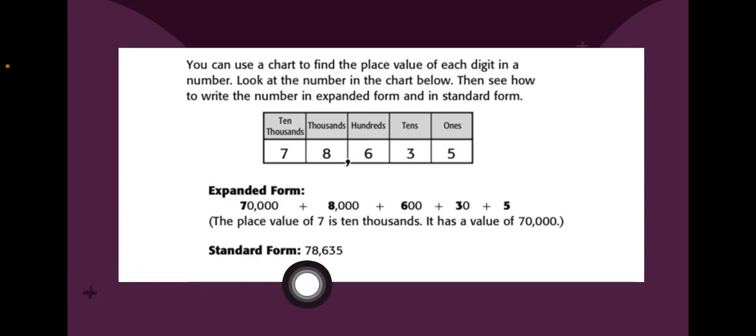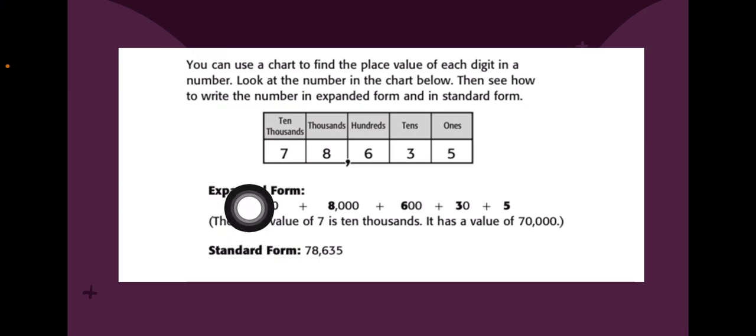Standard form is where you write the number, the value of it. 78,635. So here 7 is in the 10,000s, it's called 70,000 in expanded form. In expanded form, 70,000, okay?